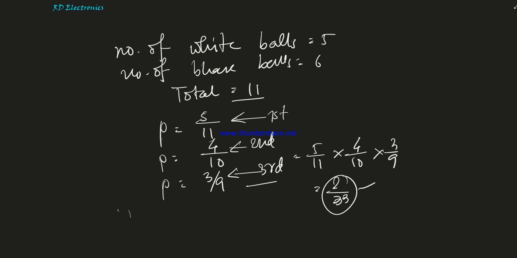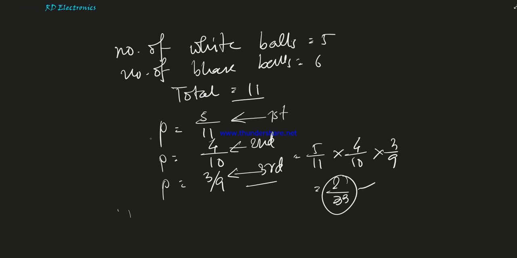Okay. Now the second question is that from a well shuffled deck of cards, what is the probability that 3 cards drawn in succession are all aces? Now we know that there are 4 aces.